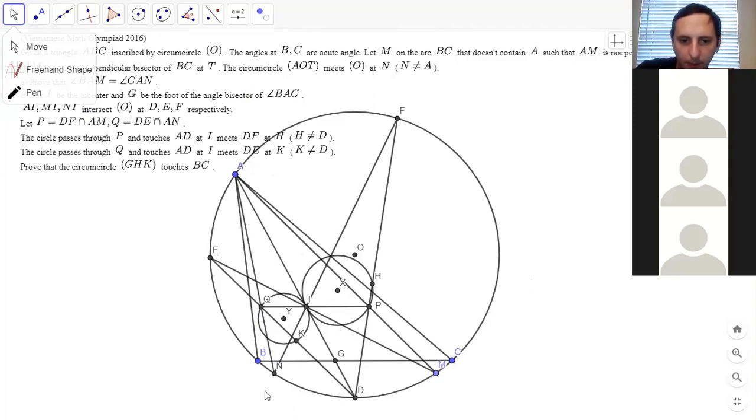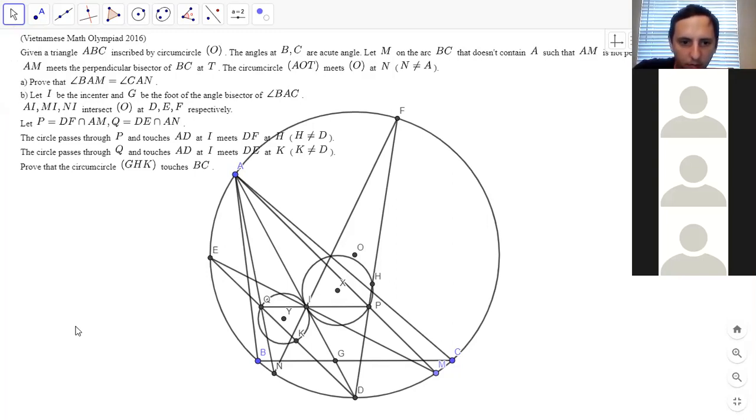So PQ has to be parallel to BC. All right. That makes sense. Because DD and BC meet at the point at infinity.